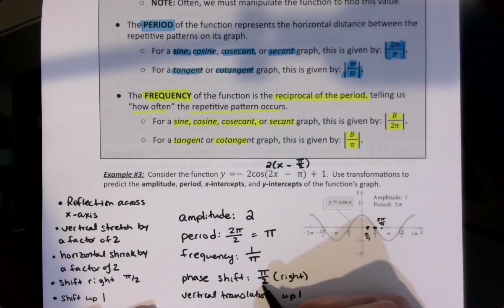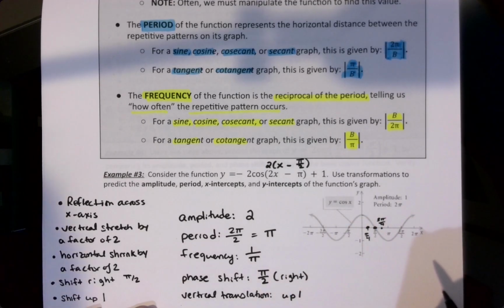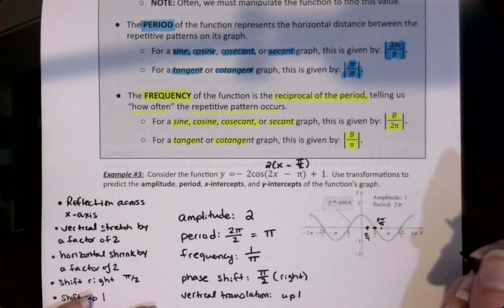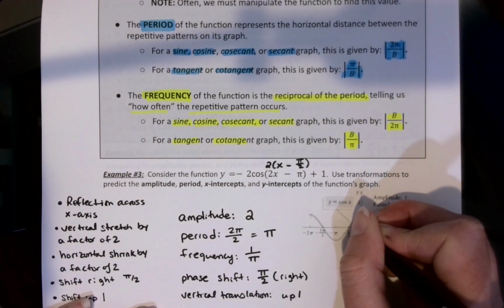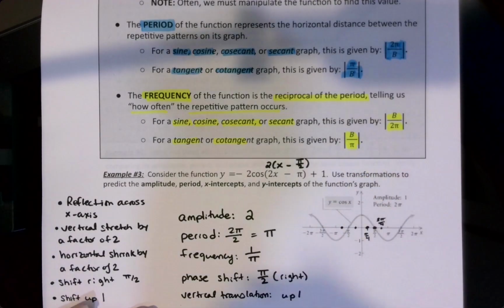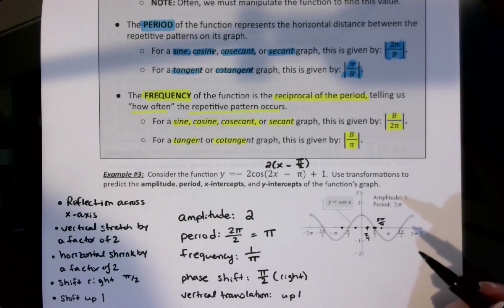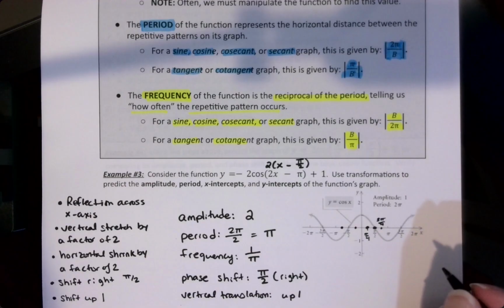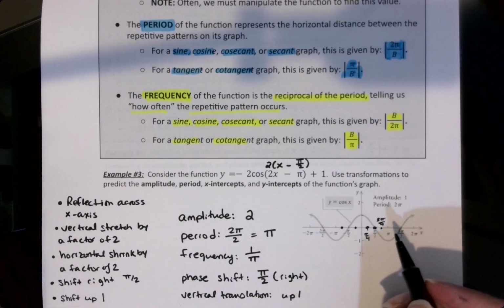And then we phase shift these by pi halves to the right. So pi fourths, 3 pi fourths. If we phase shift these by pi halves, where are they going to move?